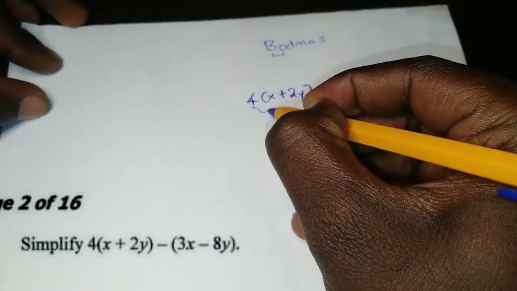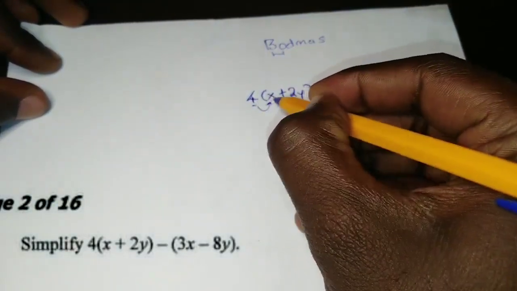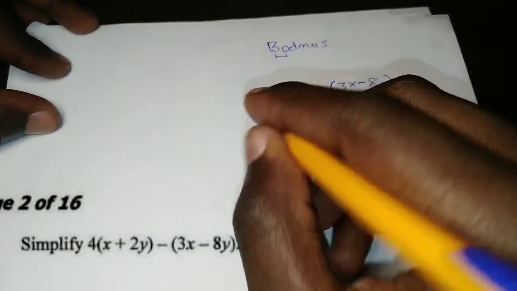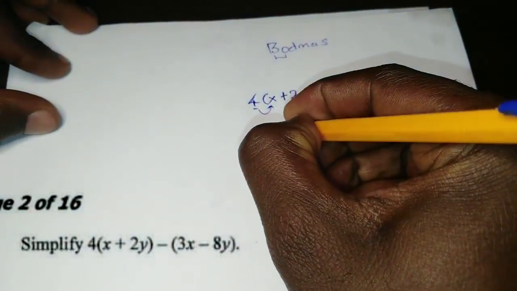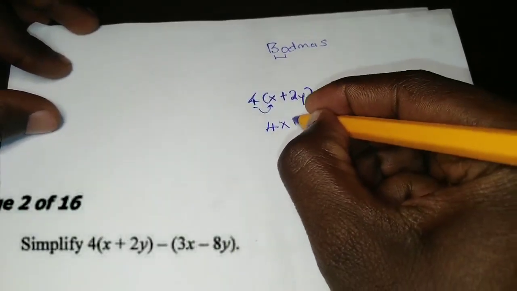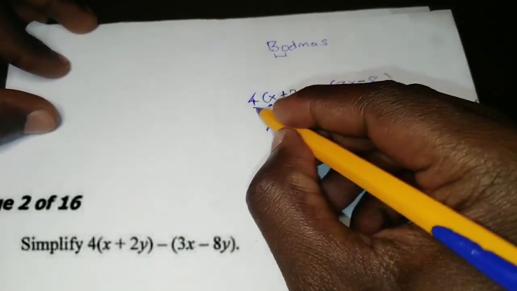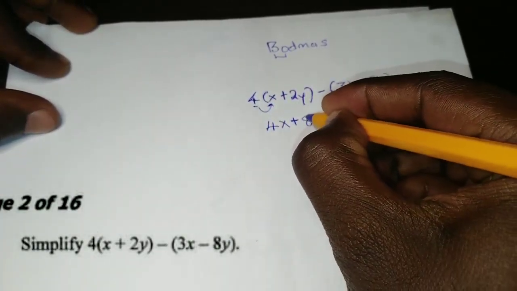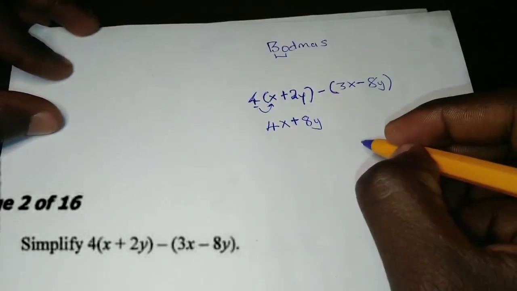So you multiply 4 times x, you get 4x. Then plus 4 times 2y, you get 8y.